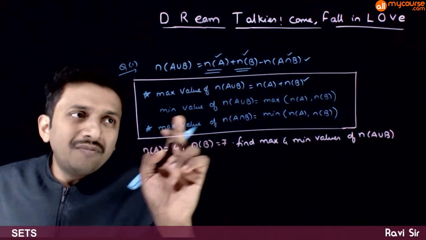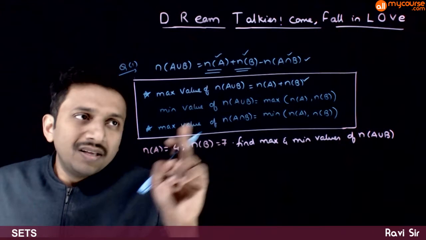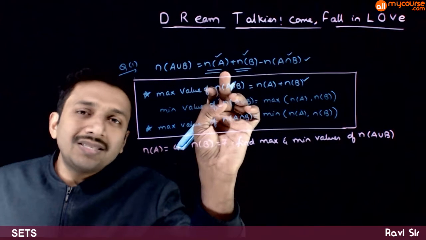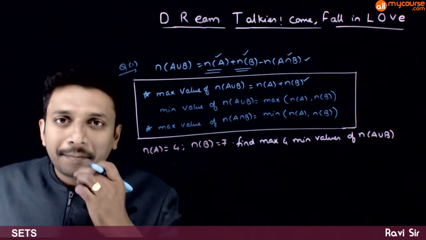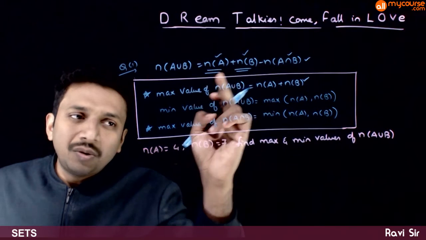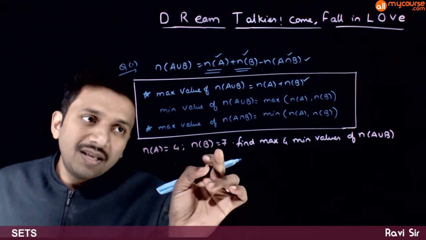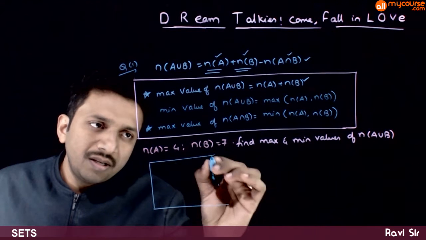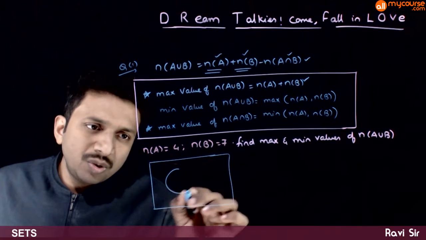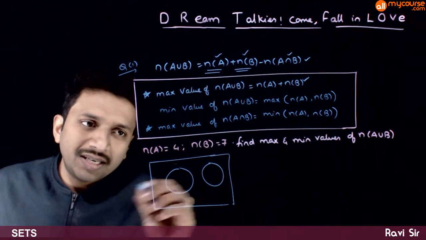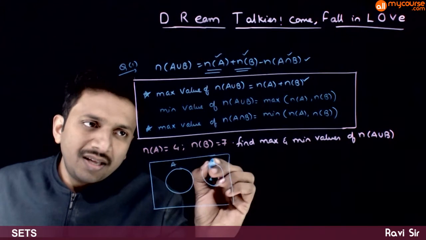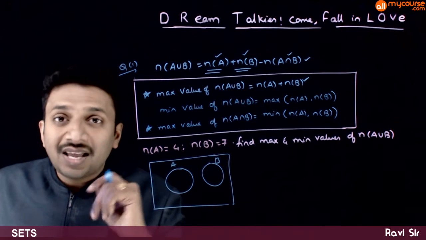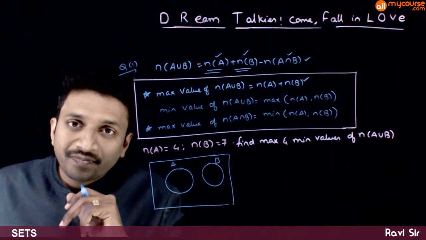And what is the minimum value of A union B? The minimum value of A union B will happen when one set goes inside the other set. Assume that you have one set which has 4 elements, the other set which has 7 elements. If these two sets are disjoint, then A union B will contain 4 plus 7, that is 11 elements, because there is no intersection.